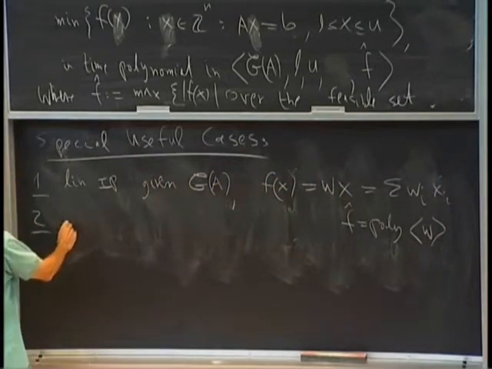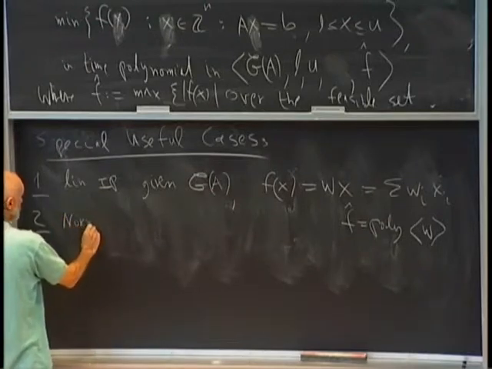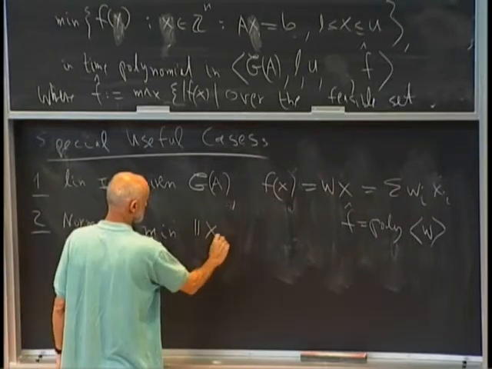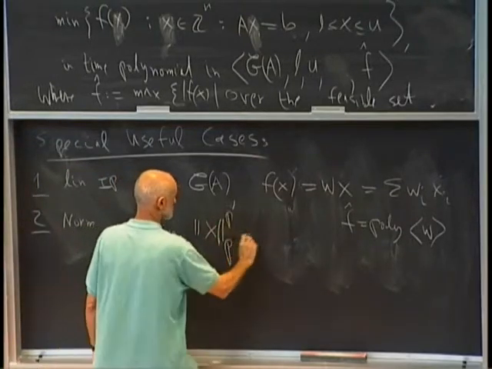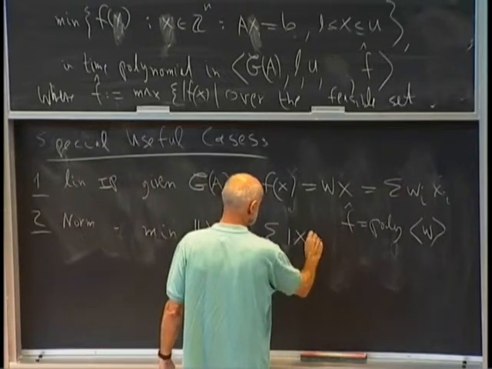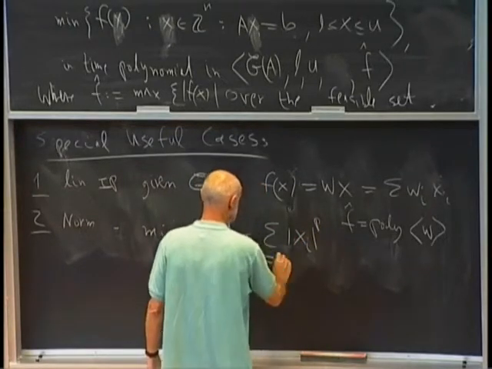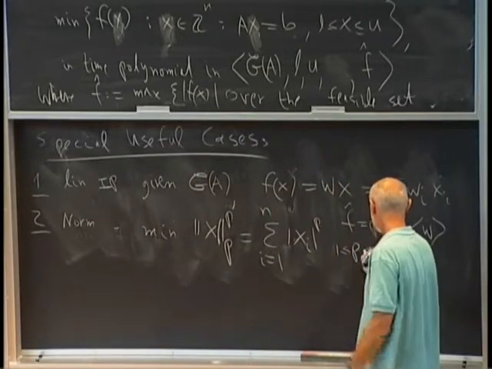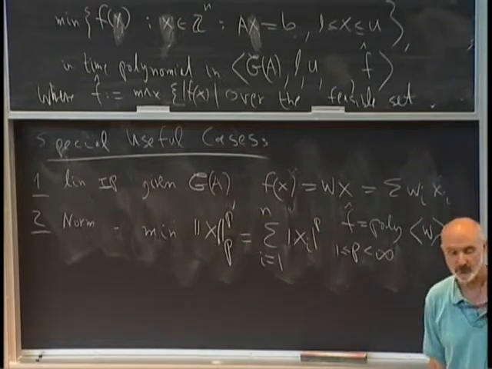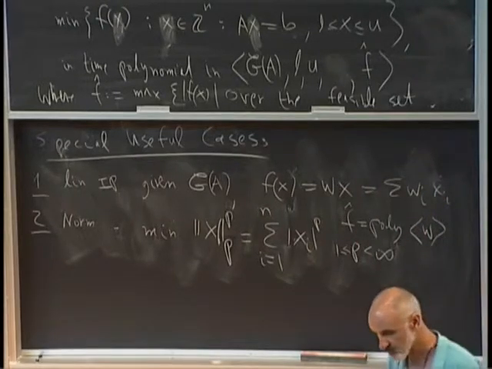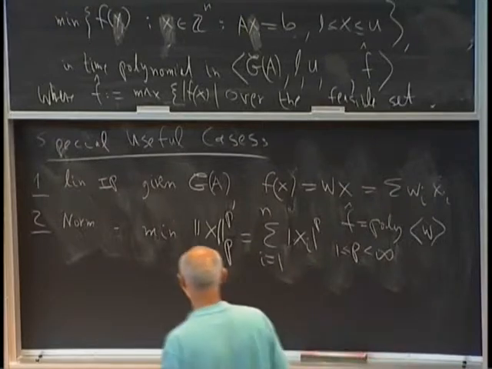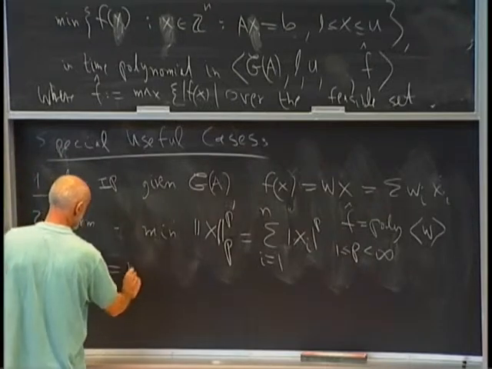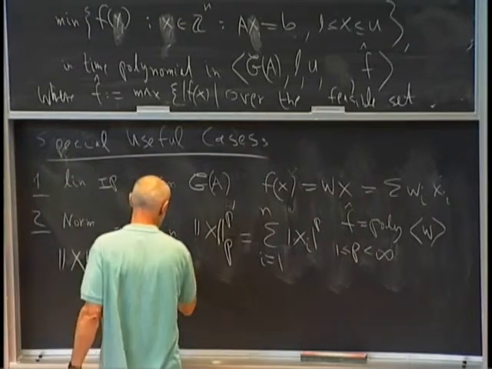Then we can do norm minimization, for example. Minimize the p-norm for every p between 1 and, let's say, smaller than infinity. So any norm, sum of absolute values of the variables, sum of squares, and so on, we can do in polynomial time. We can also do the L infinity norm, the maximum value here.